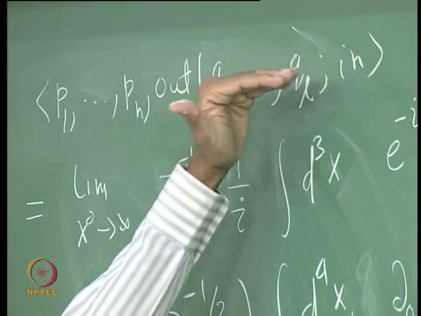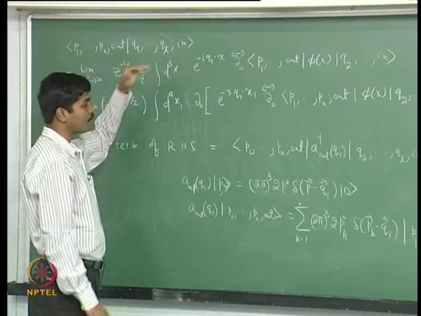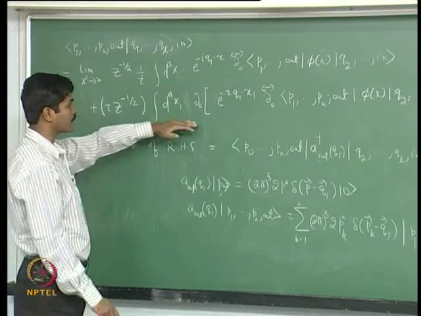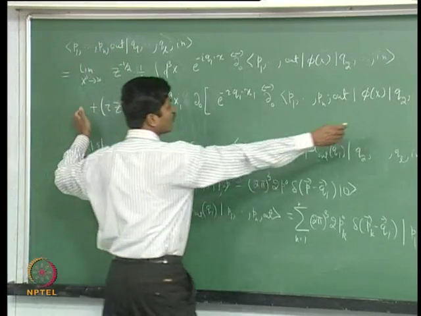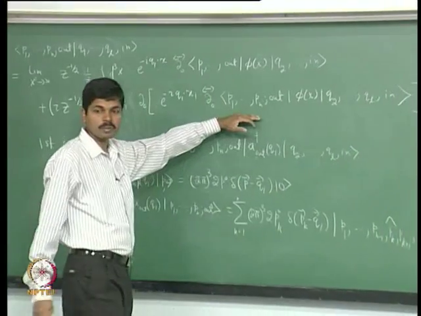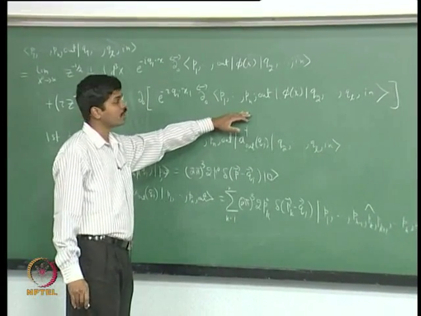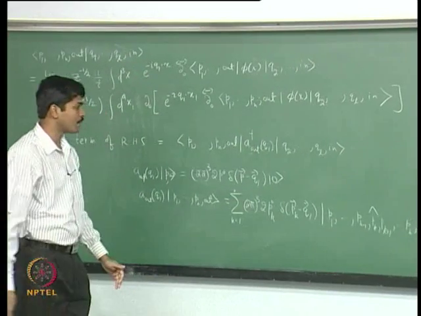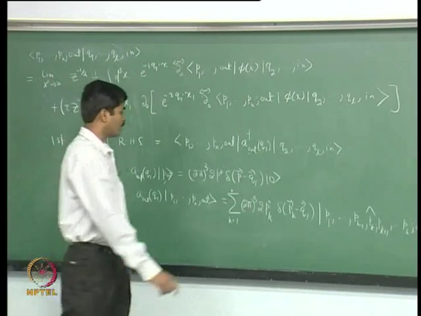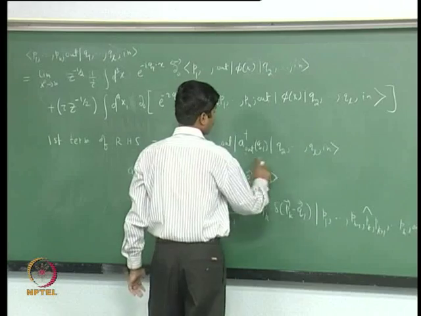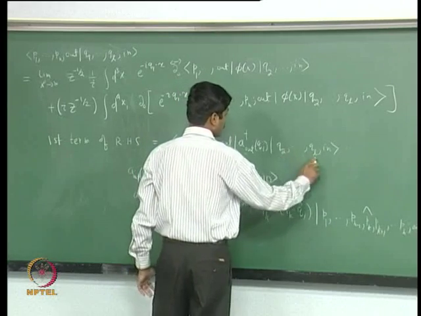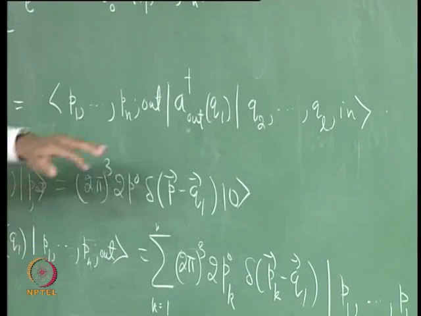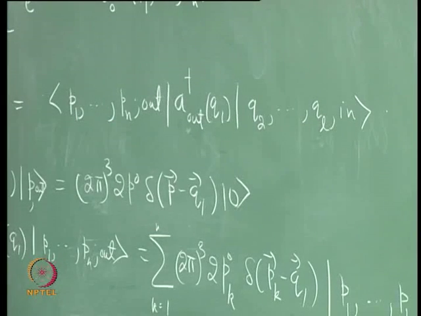This is the amplitude for this process, and what you are showing now is that it can be expressed in terms of a sum of this quantity here, which we will simplify in a moment, and another quantity which involves the amplitude for a process which has L minus 1 incoming particles and n minus 1 outgoing particles.